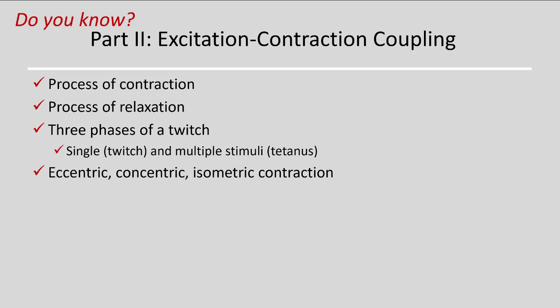A single twitch can be rapidly stimulated, or stimulated before it all the way relaxes, to build on the previous calcium level, increasing force in wave summation. You should also know that if it's stimulated so maximally that it never gets a chance to relax at all, you'll get all the calcium out and you'll have maximal force in a state known as tetanus. You should know the difference between eccentric, concentric, and isometric contraction.